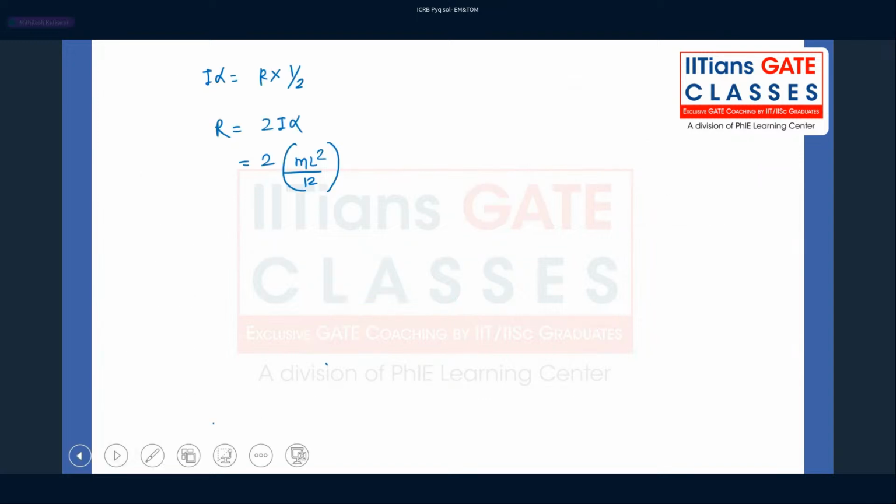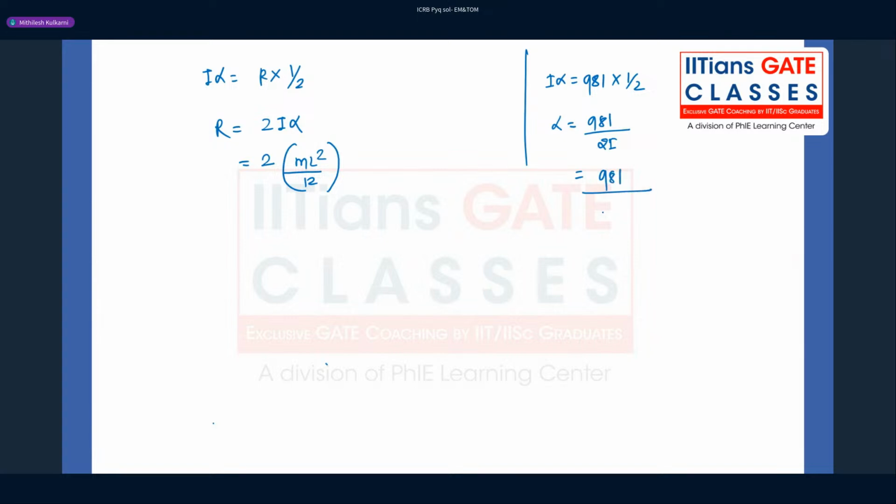So alpha has to be equal to 981 divided by 2I. So it is 981 divided by 2 times ml square by 3. 981 divided by 2 into m, let's keep it as it is.